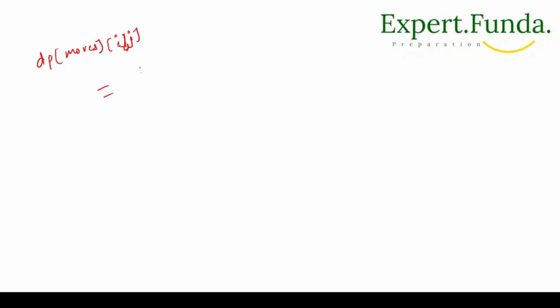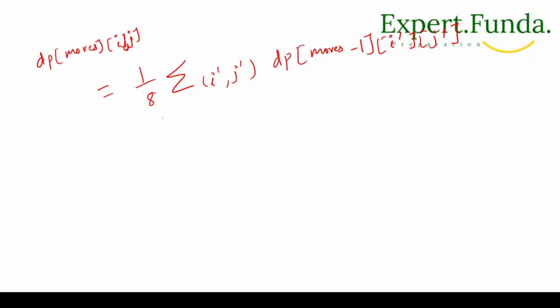So with total moves, we take 1 by 8 at a time, and for the probability we take (i', j') for the previous moves, and this is your dp[moves - 1], because we are talking about the previous moves, and this is your i' and this is your j'. Got it? So for the current moves, for current (i, j), we have to go like this, right? Let me clean this one.